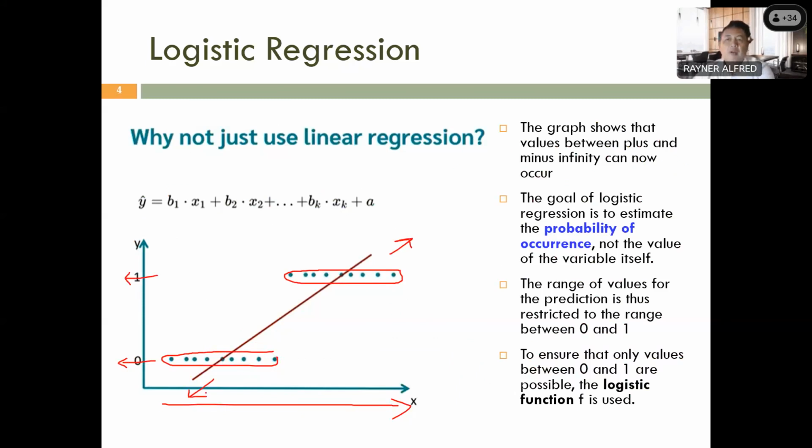So the goal of logistic regression is to estimate the probability of occurrence, not the value of the variable. So we are not trying to predict this one, but the probability of the value of the variable being 0 or 1. Okay, so the range should be between 0 and 1. In order to estimate this, we can use the logistic function.